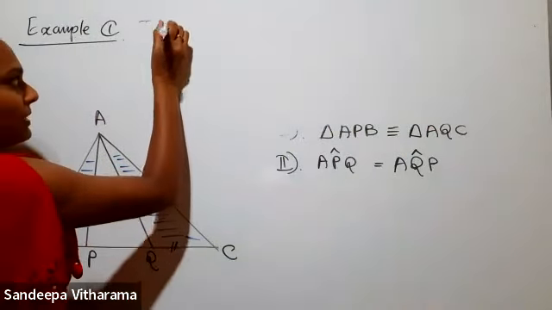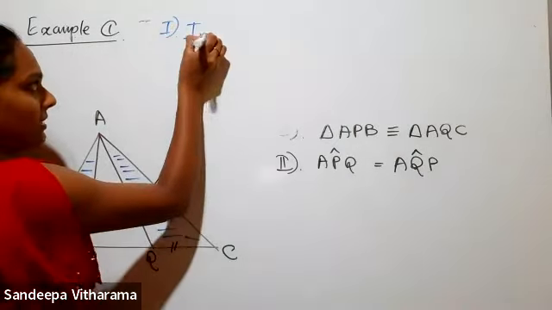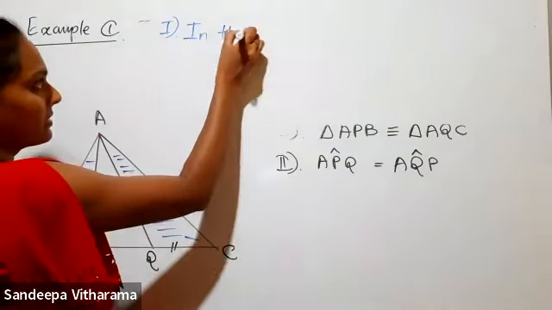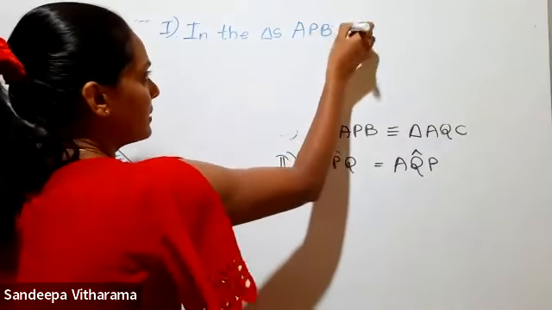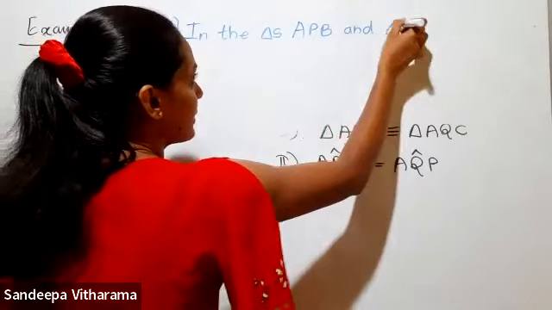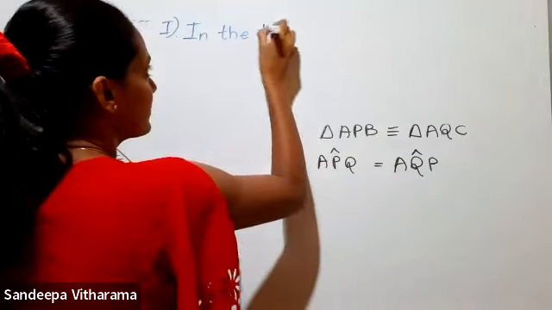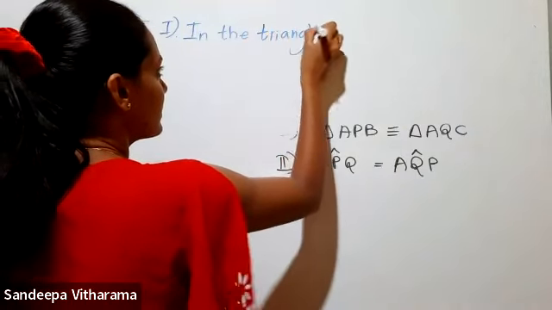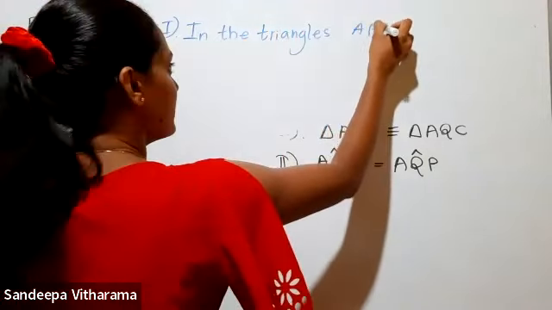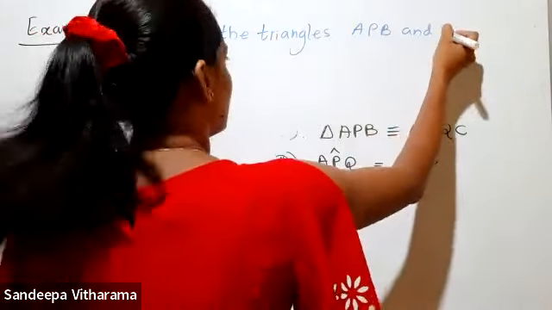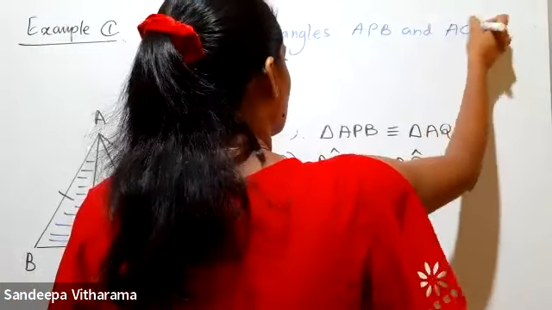First of all, before we do a congruency, we have to introduce the triangles. What are the two triangles we consider? In triangles ABP and ACQ.